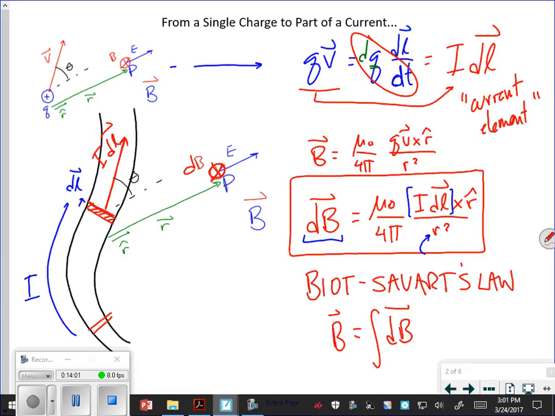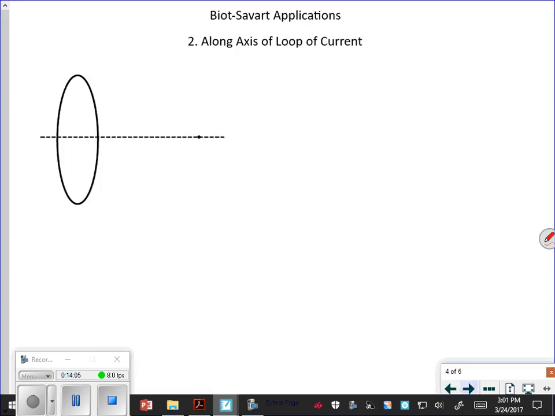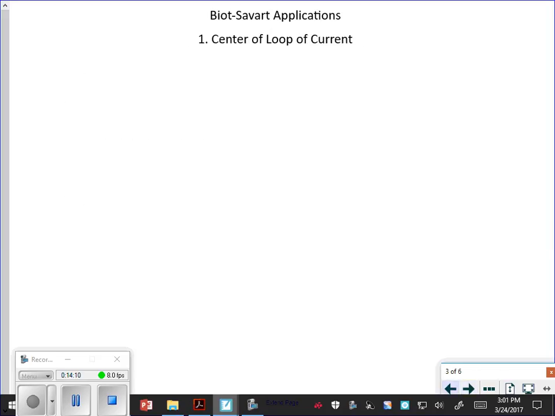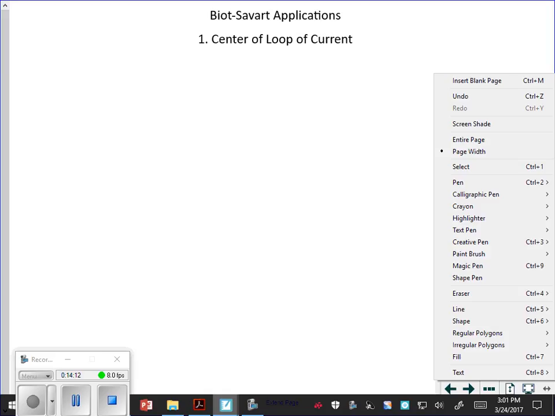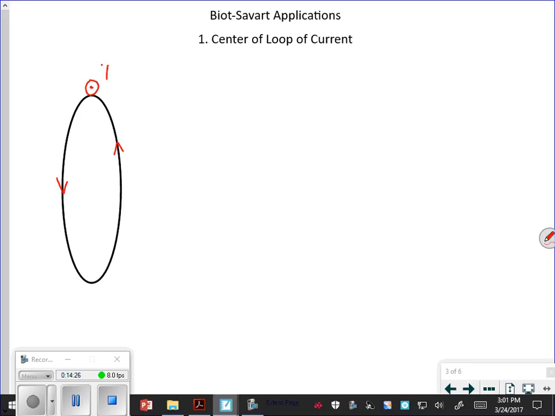So let's try to use this in a couple of scenarios. Let's have a loop of current. How about we say current's coming down the front, up the back, which is to say that here the current is coming towards us, here the current's going away from us.